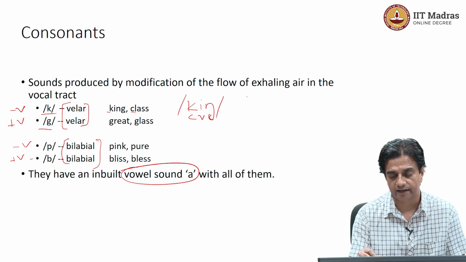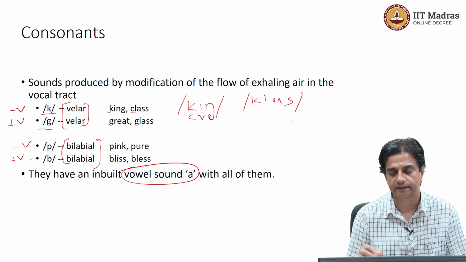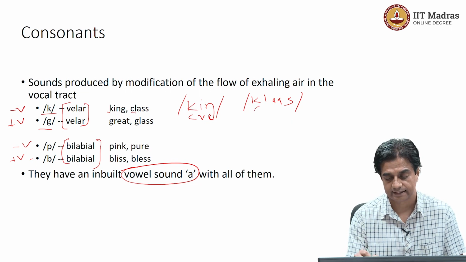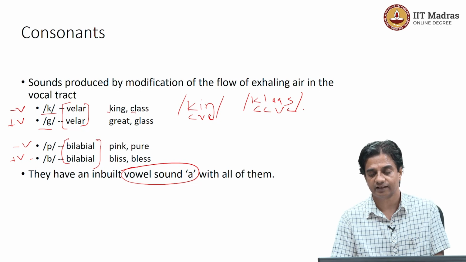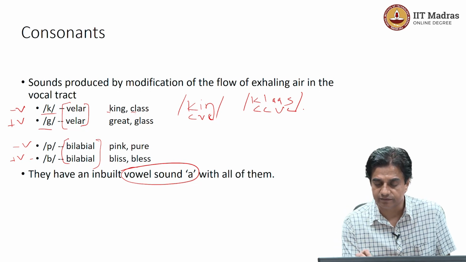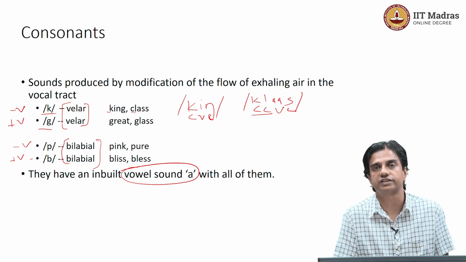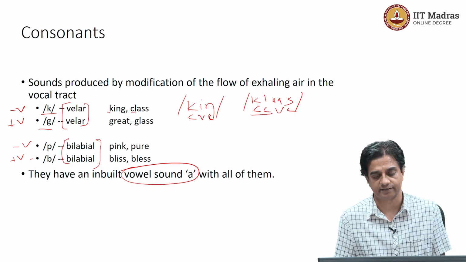When we say class, we have ka, la, a, and sa. Class has a CCVC sequence. And in this word, the first two consonants are forming a cluster, class.